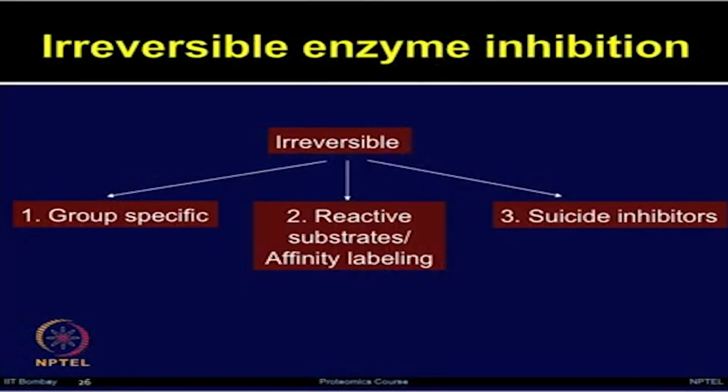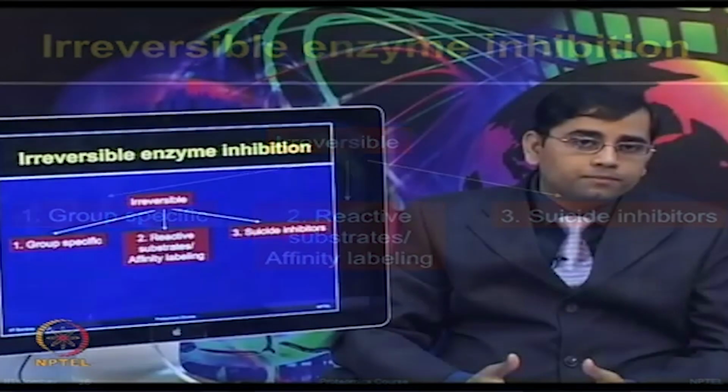After talking about reversible enzyme inhibition, now let us discuss irreversible enzyme inhibition. The inhibitor is very tightly bound to the enzyme, either covalently or non-covalently, in such a way that this inhibition is irreversible.